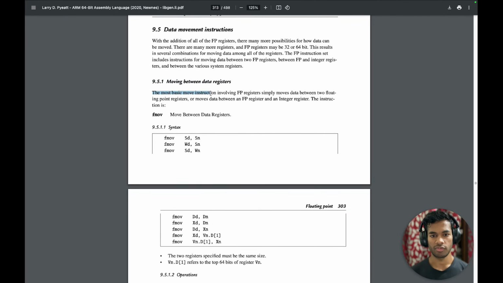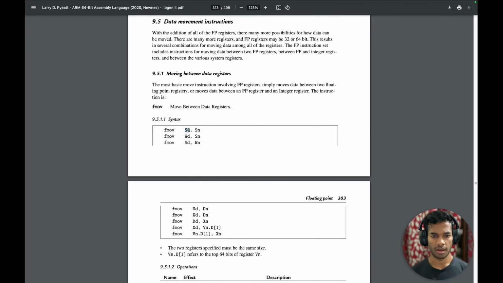The most basic move instruction involving FP registers simply moves data between two floating point registers, or moves data between a floating point register and an integer register. The instruction is this: move data between registers. Move between a single byte. This is the destination register and this is the source register. Here S is used, and here W, and here S, because S is used for floating point registers and W is used for general purpose integer registers.